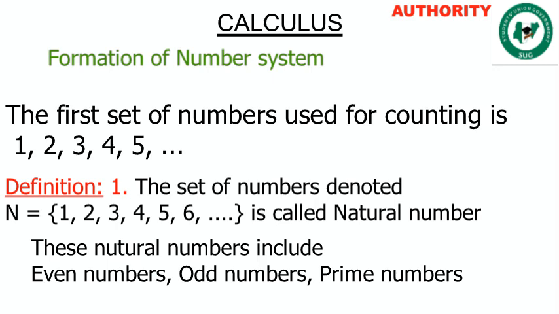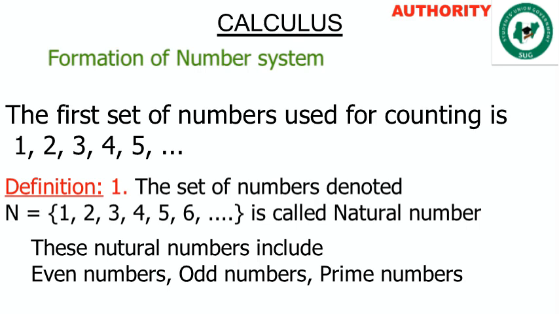Example, 3, 5, 7, 11, 17, 19, etc. They are called prime numbers. There is no other number that can divide it except 1 and itself. Okay, we'll just talk about natural numbers, alright?